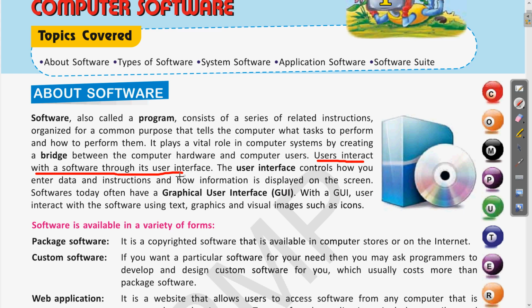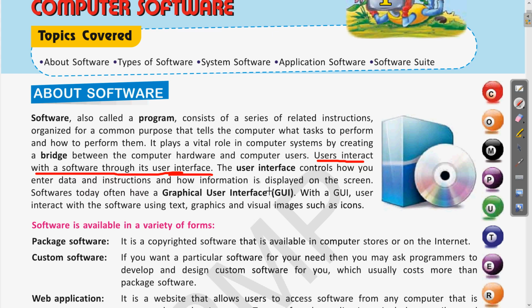Clear? So the user interface is basically the windows, the different icons which we use, the mouse pointer, and some graphics. Clear? These tools and options which we click, through which we give instructions to the computer, are called the user interface. Clear? The user interface is also of two types, which we will see further in this chapter.